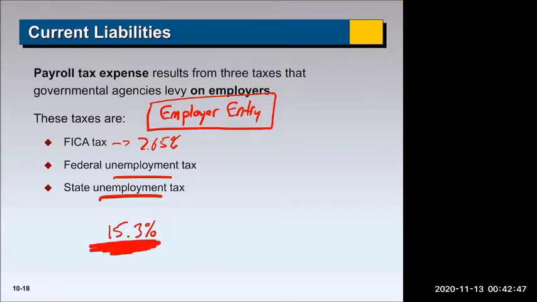Now, guess what? If any of you are self-employed, or if you want to be self-employed, you need to know that if you are your own employer, guess who gets to pay the employer half of Social Security? Well, that would be you. Now if you make $100,000, you have to realize that $15,300 of that is going to go straight to Social Security.